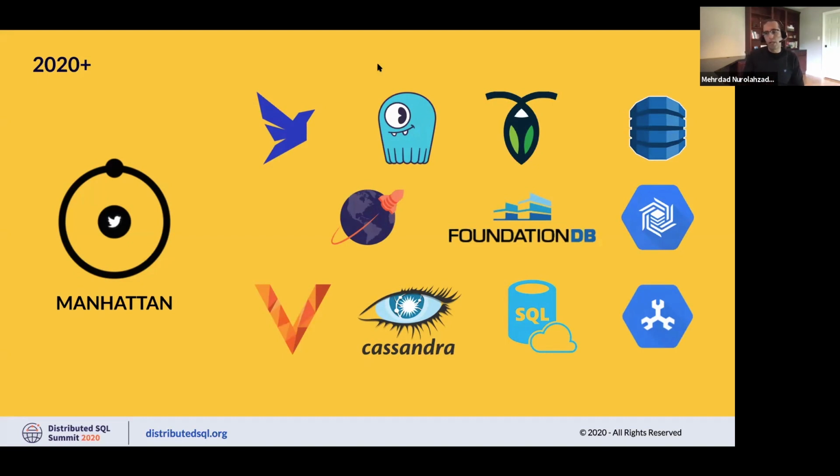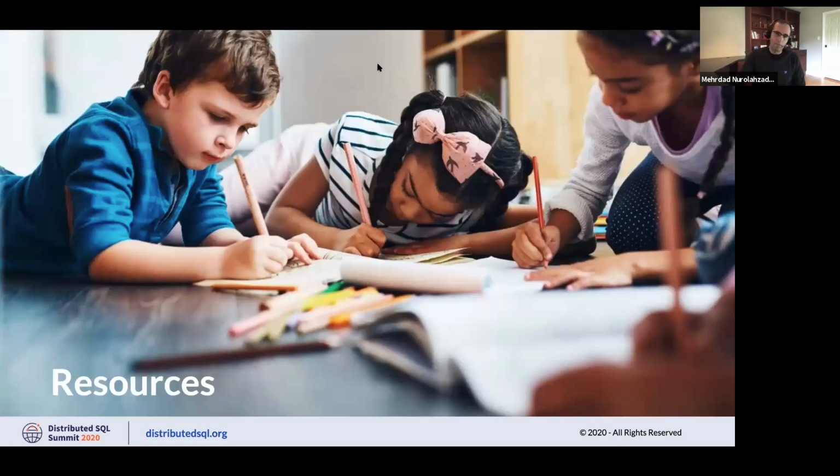Existing solutions like Cassandra have evolved a lot. At the same time, companies like Amazon, Microsoft, and Google have started offering their internal databases as managed solutions. So at Twitter, we hypothesize that some of these solutions can potentially complement or maybe even replace our internal offerings in the future.